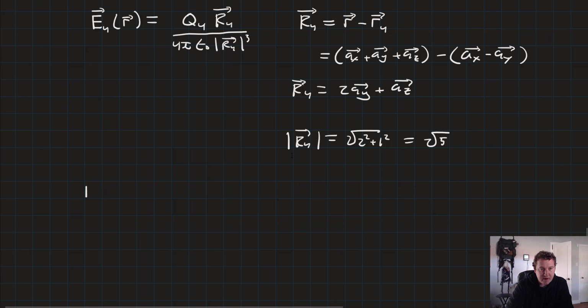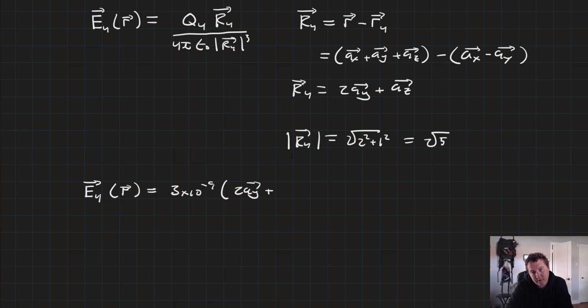So we can calculate our final electric field component. The field E sub 4 at point R is equal to 3 times 10 to the negative 9 times 2ay plus az, over 4 pi times 8.854 times 10 to the negative 12 times the square root of 5 cubed.